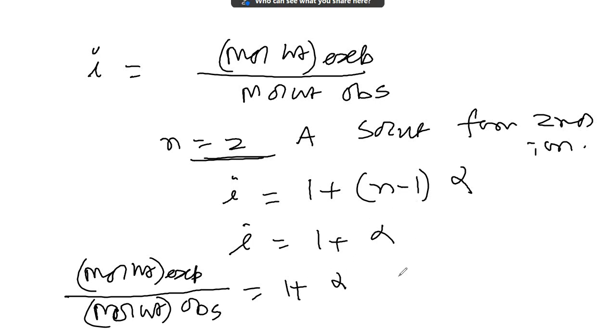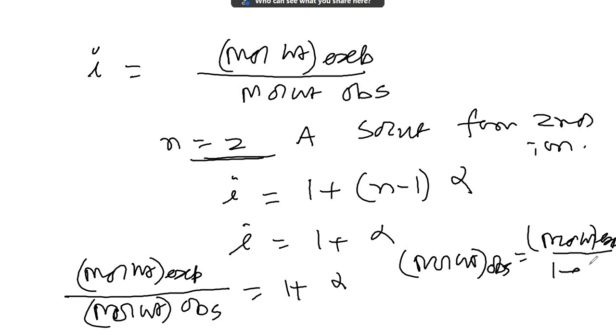So molecular weight observed is molecular weight expected divided by 1 plus alpha. As 1 plus alpha is greater than 1, molecular weight observed will be less than molecular weight expected. So due to dissociation, molecular weight decreases.